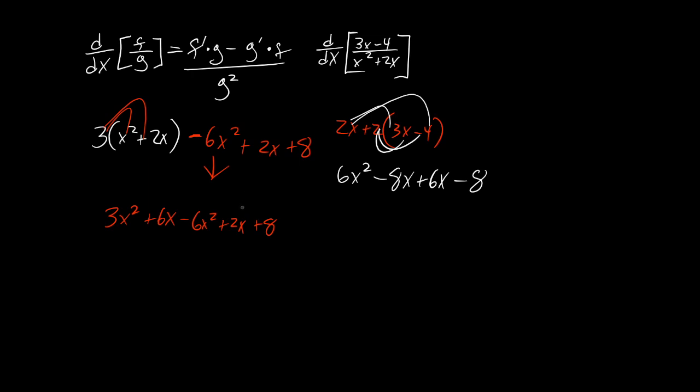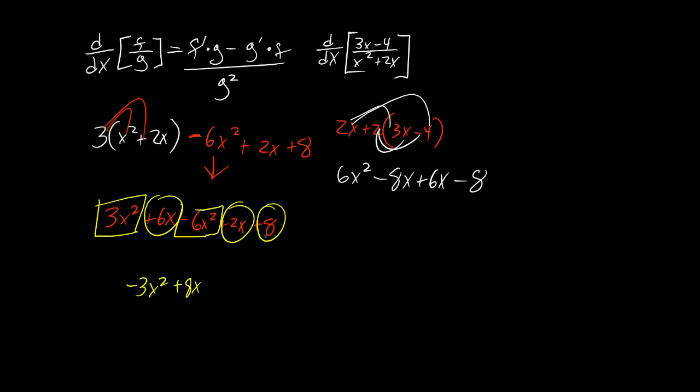Wonderful. So now we're going to combine like terms once more. This one right here and this one right here, they're like terms, and also this one right here and this one right here. So we have 3x to the power of 2 and negative 6x to the power of 2, which is equal to negative 3x to the power of 2, and we have positive 6x and positive 2x, which is equal to positive 8x.